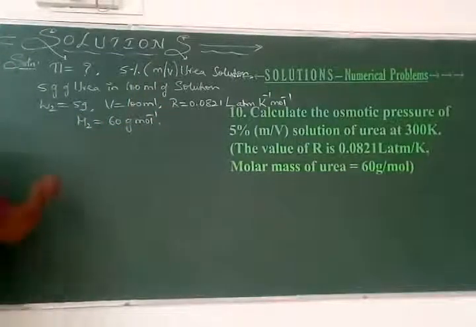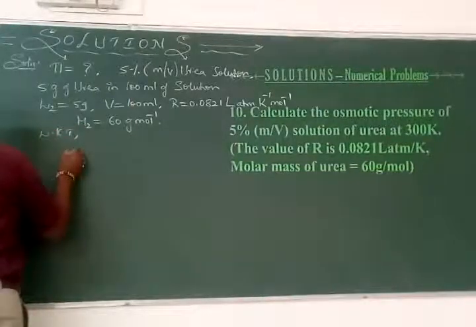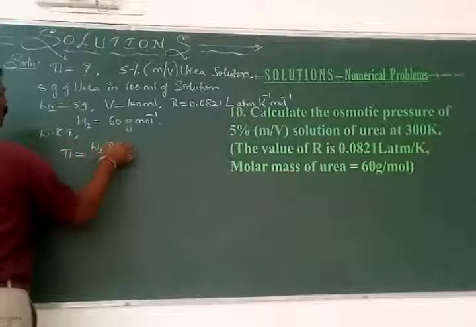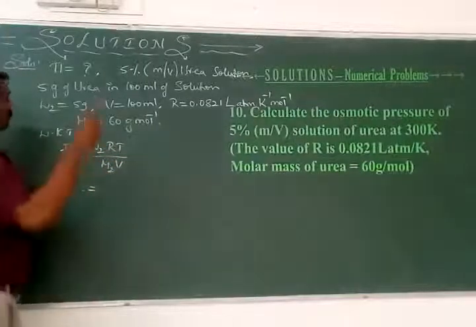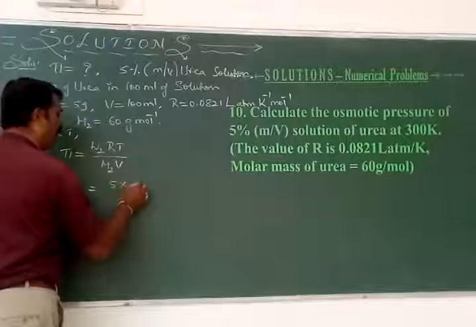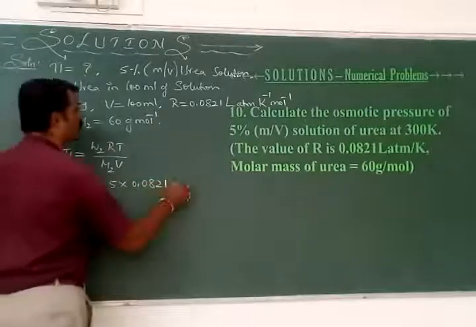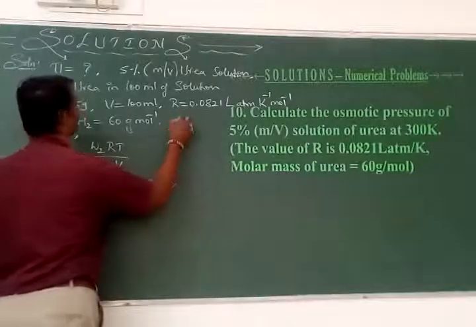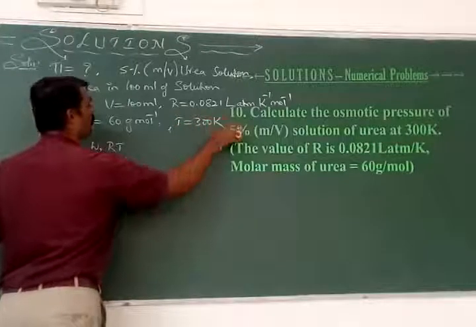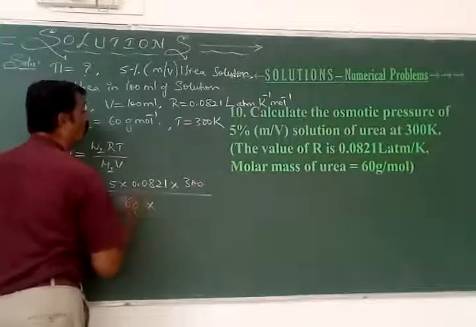What's the formula? We know that pi is equal to W2 RT divided by M2 into V. That's equal to, what is W2? 5. R value we have taken as 0.0821 into temperature, at what temperature? Temperature is given as 300 in terms of Kelvin, divided by molecular mass 60 into, what's the volume given?